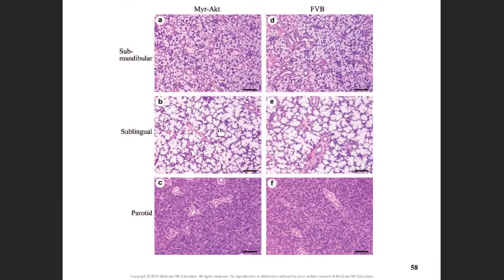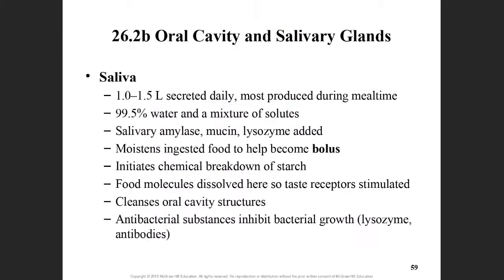And you need to know that the parotid salivary gland is completely serous, so you can see it completely red or pink. So the submandibular and sublingual are mixed with different ratios of mucous and serous cells, but the parotid salivary gland is completely composed of serous cells.